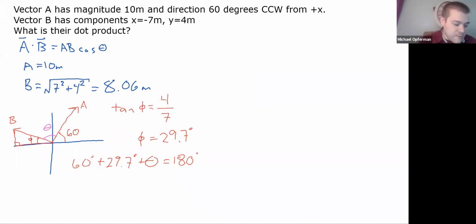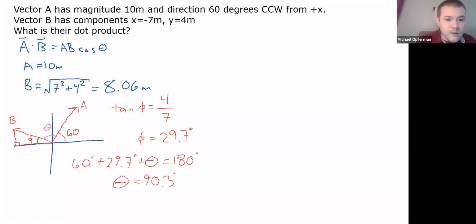So we'll do 180 minus 60 minus 29.7, and we get theta equals 90.3. So actually, the angle between these two vectors is almost 90 degrees. So the dot product I can already see conceptually is going to be very, very small indeed. It's just going to be a tiny dot product.